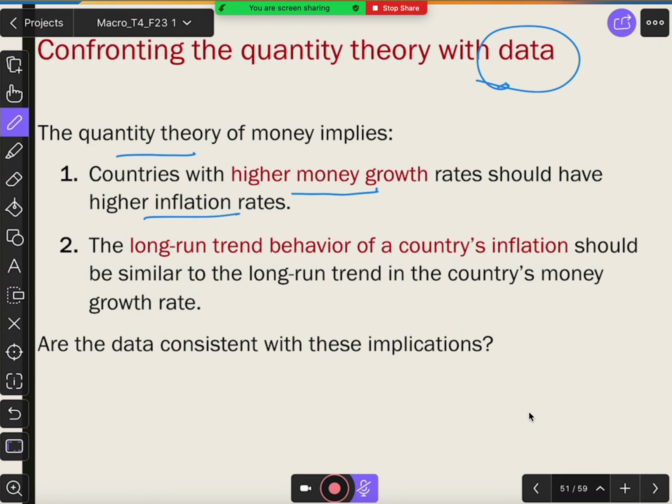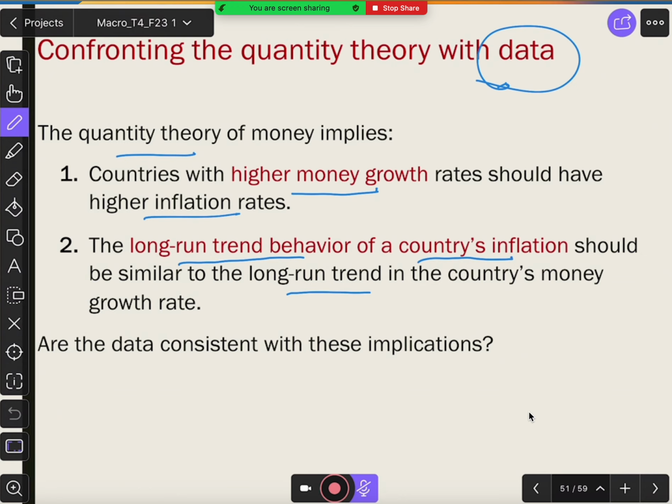And also the long-run trend of a country's inflation depends on the long-run trend of its money growth rate. So there is a connection not only in the short run but also in the long run between the money supply and inflation.